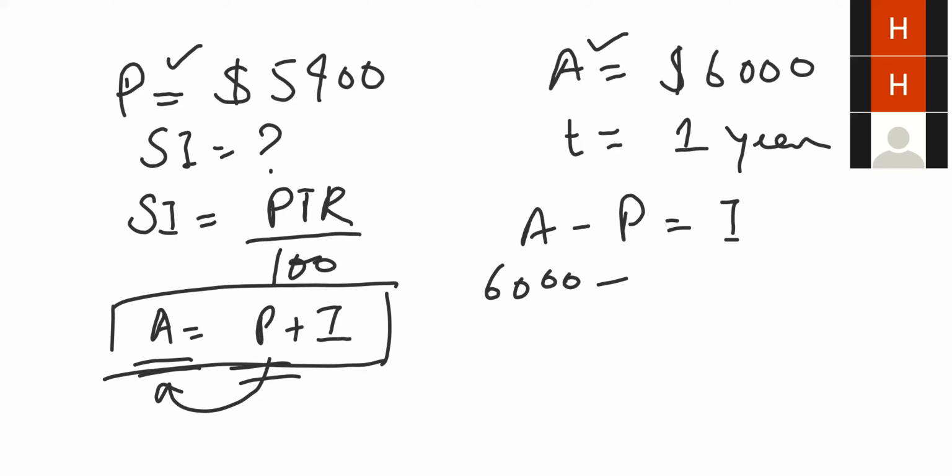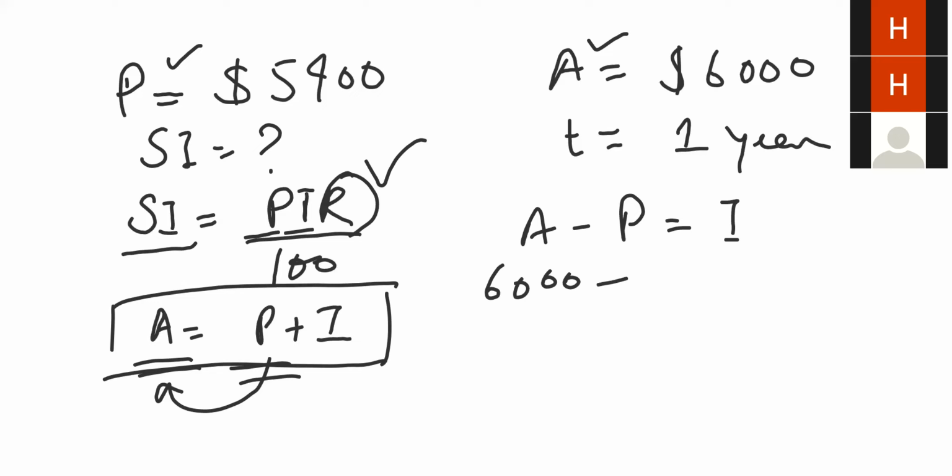Why don't we use the simple interest formula first and then use the amount? Do you know what the rate is? No. You don't. So we cannot find out what the rate is, because we have simple interest, we have P, we have T. From this formula, we would find out the rate.